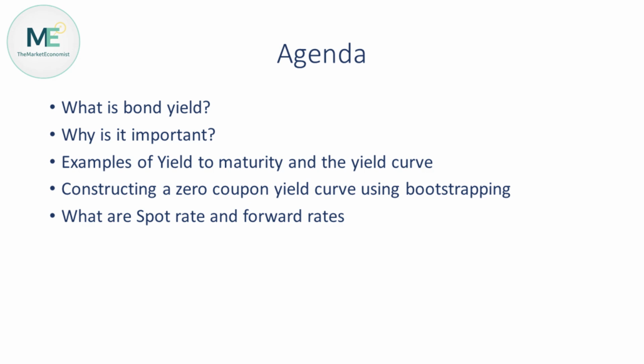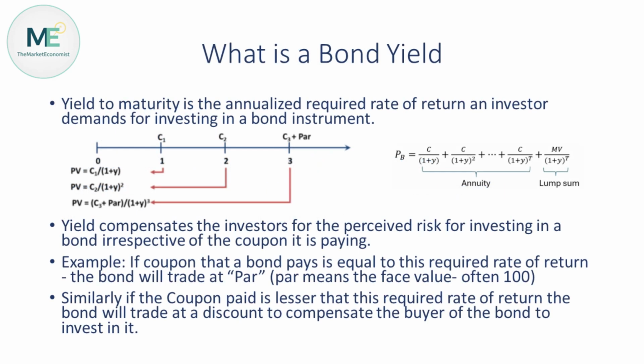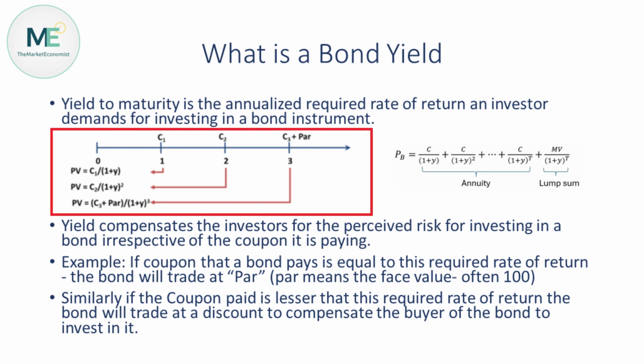So let's begin. What is a bond yield? Yield to maturity is the annualized required rate of return that an investor demands for investing in a bond instrument. If you look at the two tables below, on the left side you'll see an example of a 3-year maturity bond which pays coupons C1, C2 and C3.